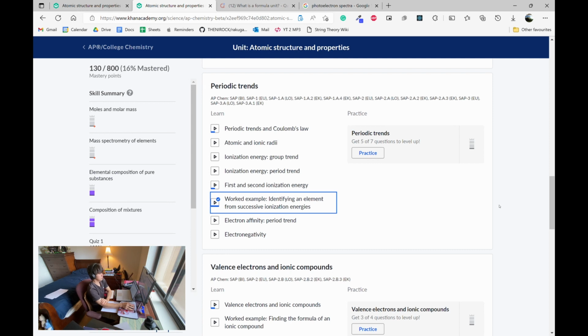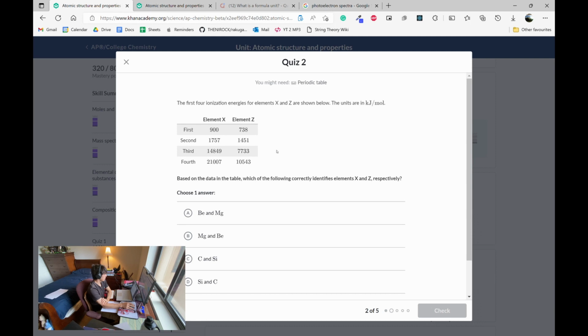Wait. So the valence electrons are the column number in the periodic table. Wait. Well, it looks like we have 2 valence electrons.